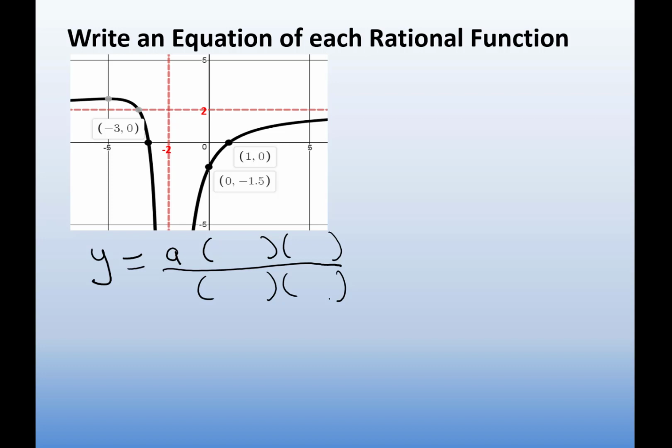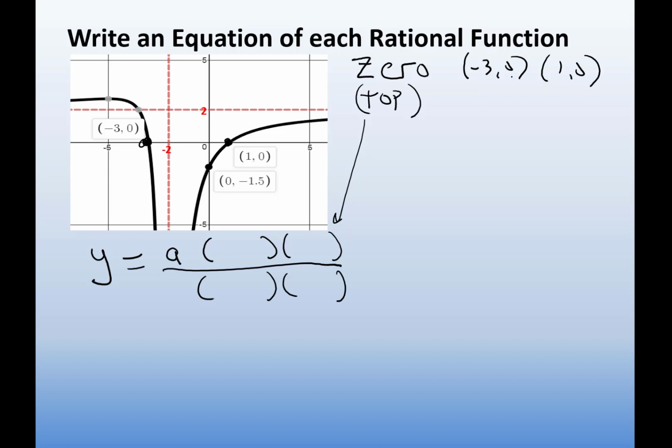So the first thing I'm going to do is observe the zeros. Now, if you recall, when we've plotted our zeros before, we focused on the top. So the zero information is going to give us information about the top of the function, I mean the numerator. And so I have a zero at (-3, 0) and (1, 0).